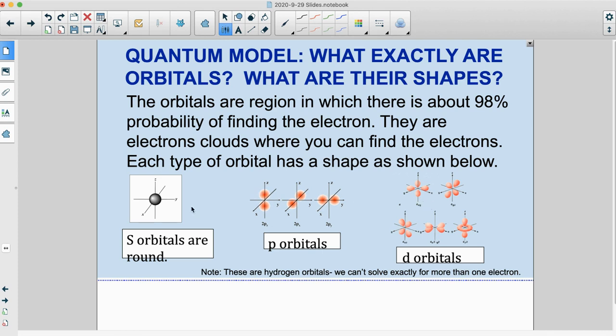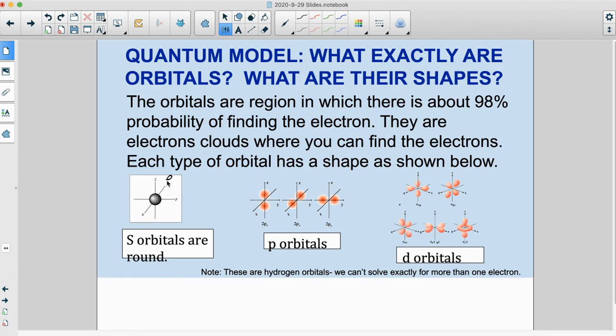And these orbitals have shapes. The s orbital is a round sphere. P orbitals are these kind of dumbbell shapes, and there are 3 of them. And d orbitals are more like a clover leaf, and the dz2 orbital is even crazier. But the upshot is you don't need to know the shapes of these orbitals unless you really enjoy shapes.